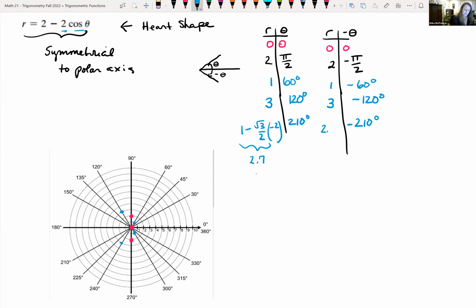So 210 was 2.7. And then negative 210, I'm in the third quadrant, is also 2.7.